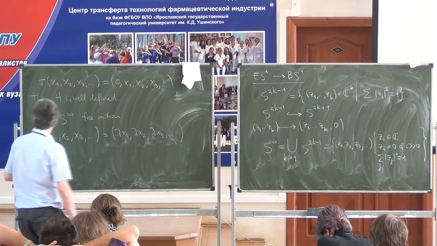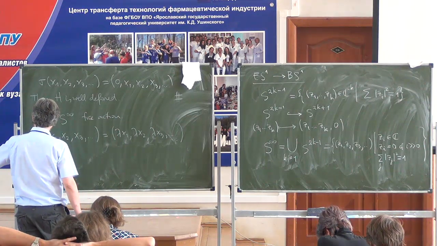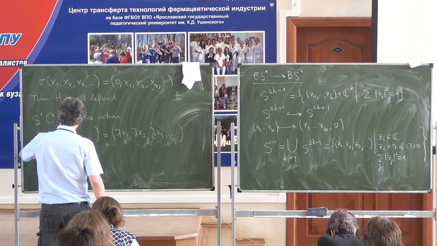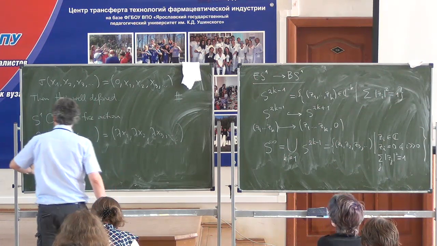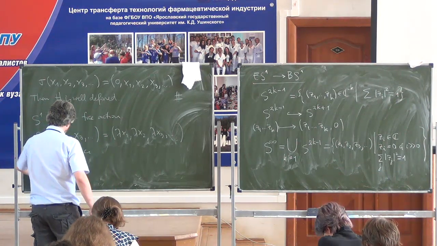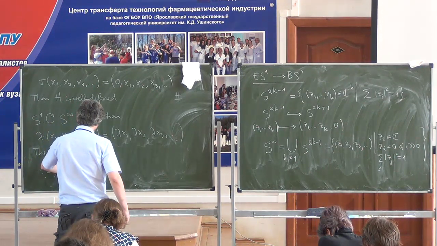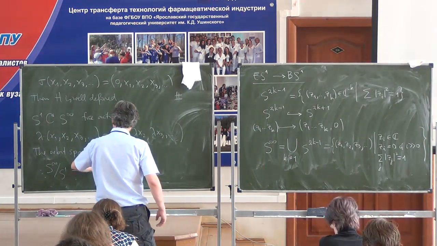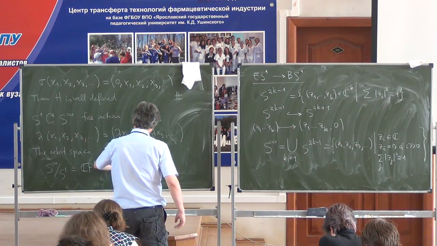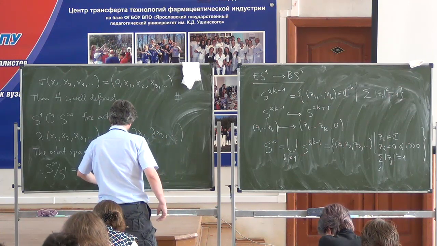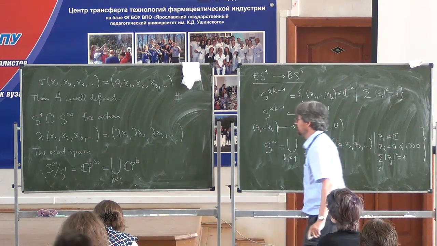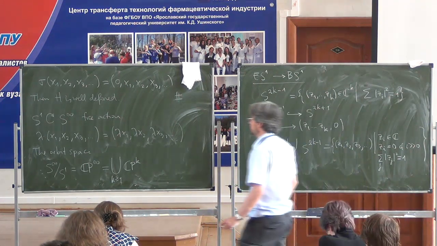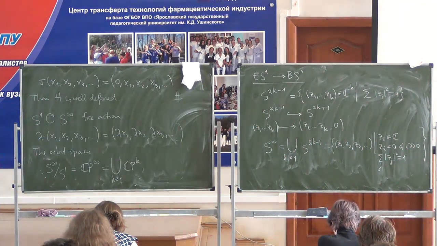In fact, the quotient, the orbit space, can be identified with CP infinity, which is constructed as a union of CPk for all k's using a very similar construction.